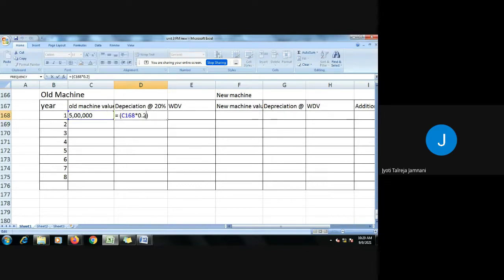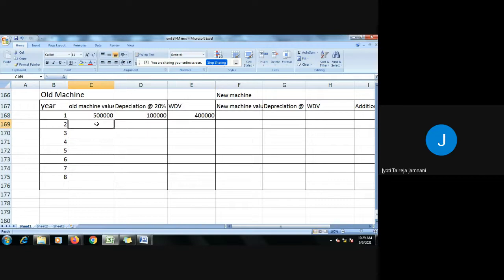It is going wrong, just a minute. Okay, there are commas put here, so it's not taking. On 5 lakh, 20% depreciation is 1 lakh. So 5 lakh minus 1 lakh depreciation, the written down value will be 4 lakh.